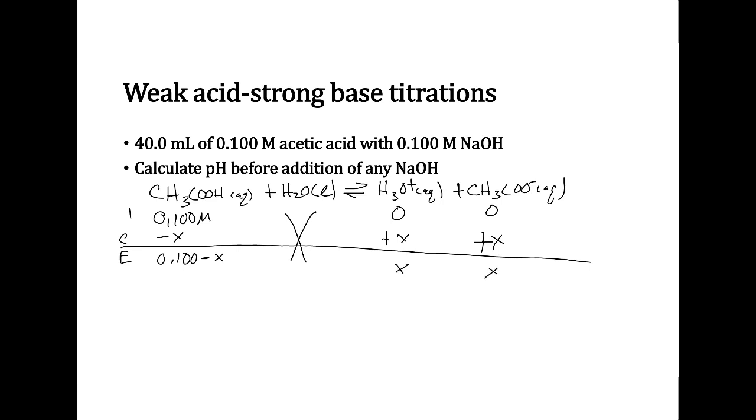So we know that Ka for acetic acid is 1.8 times 10 to the negative fifth.